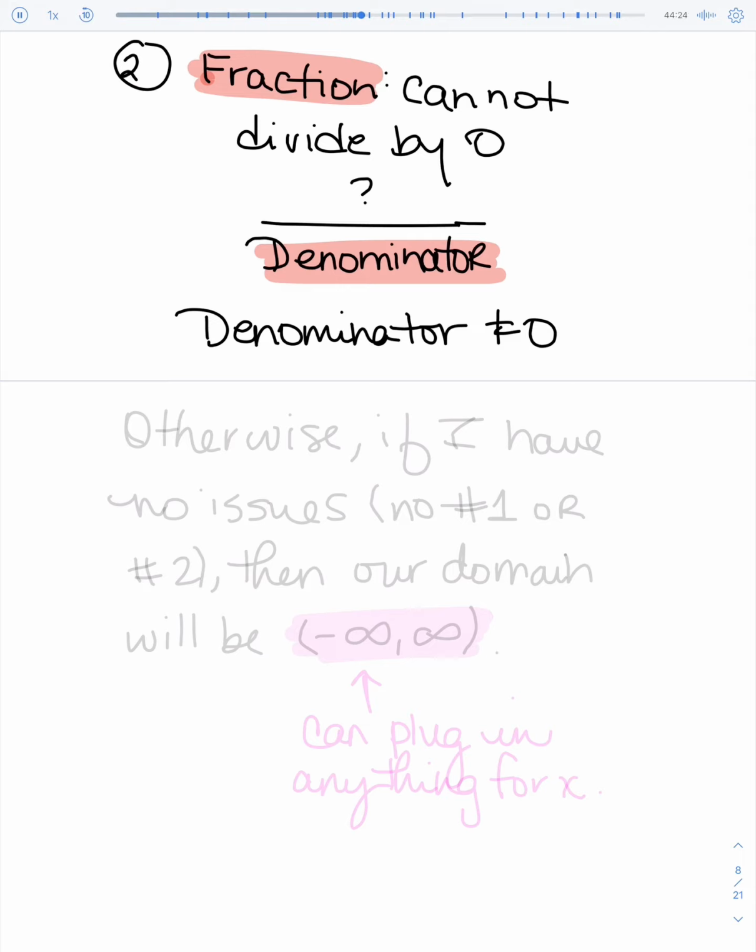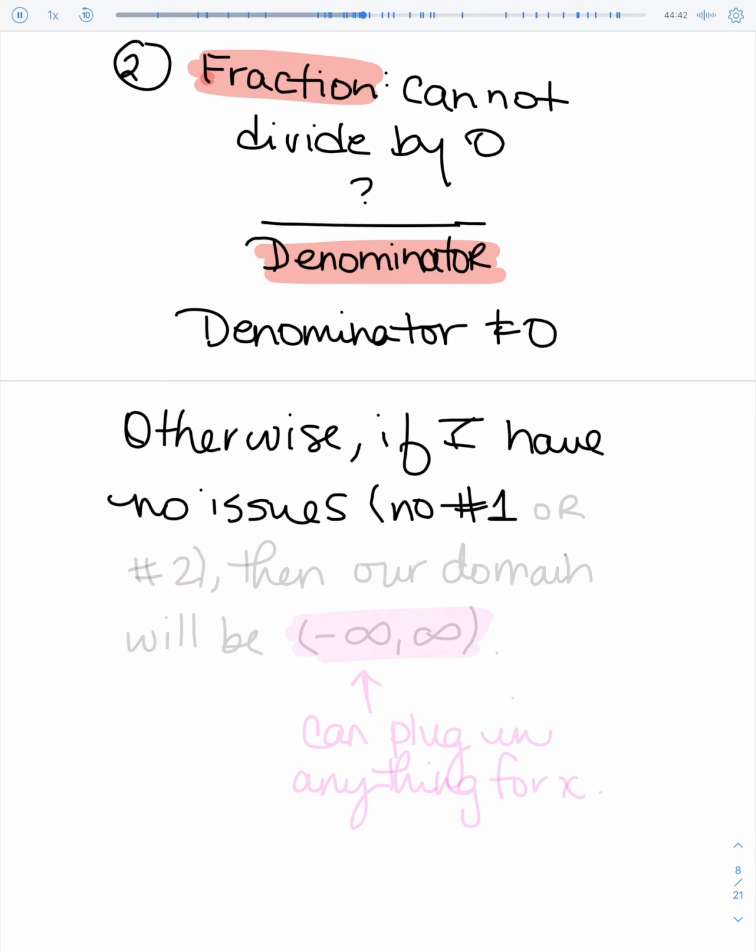Otherwise, for right now anyways, if I have no issues, and by no issues, I mean, at least for right now, no issues that fit into case 1 or case 2 above, then what we'll say is our domain will be negative infinity to infinity.